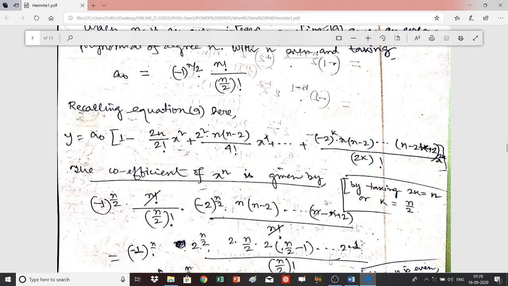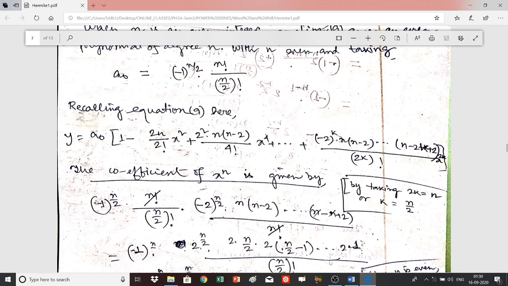Now if you wish to find out the coefficient of x to the power n, you have to replace in the last term 2k as n. If you use 2k as n, then k will give you n by 2, and then from the last term you will have a0 first.